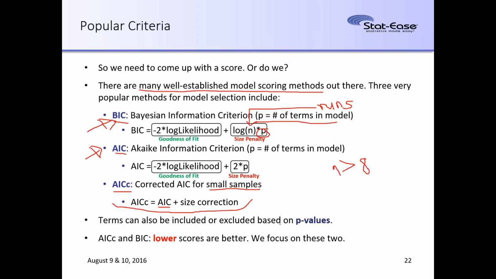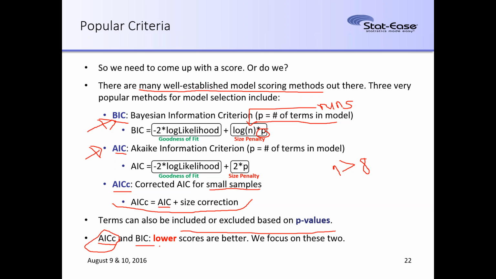You could also include or exclude terms based on p-values, just like we did in the very first example where we looked at which terms have large p-values and we took them out. For the remainder of this webinar, we'll talk about AICC and BIC. In fact, we'll really only focus on AICC.